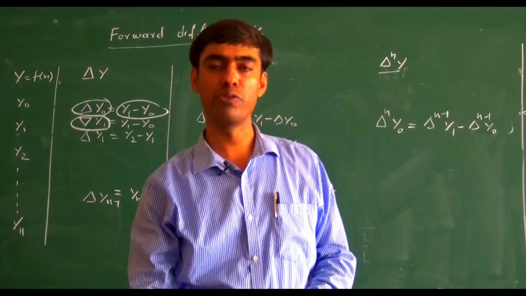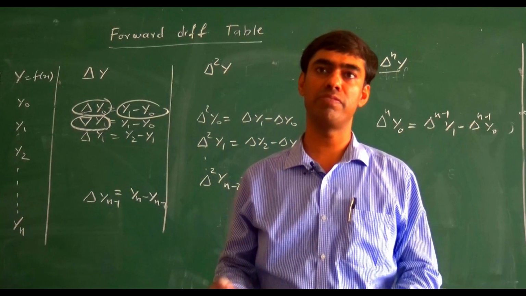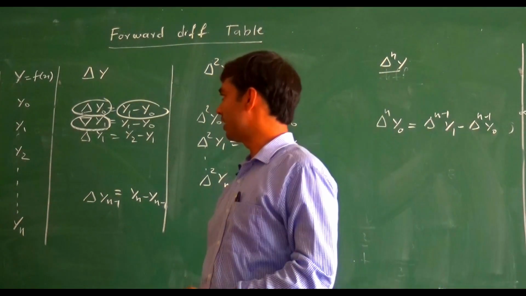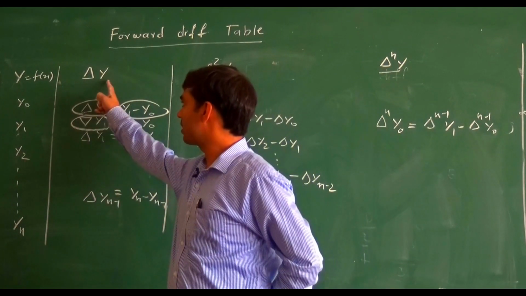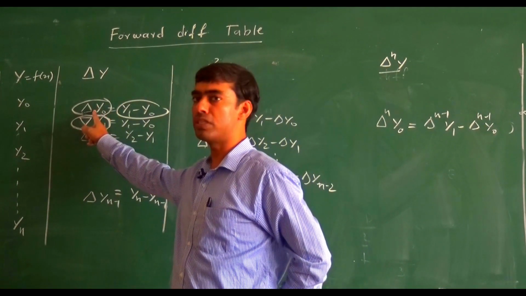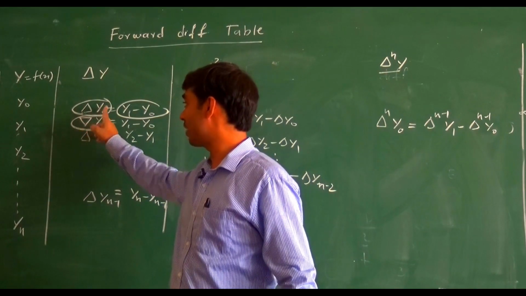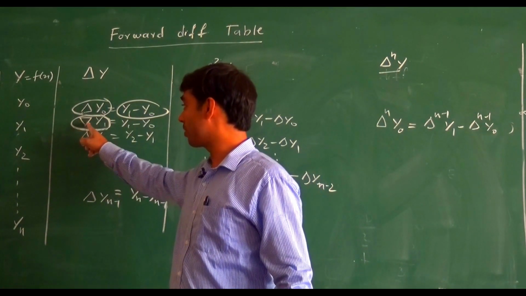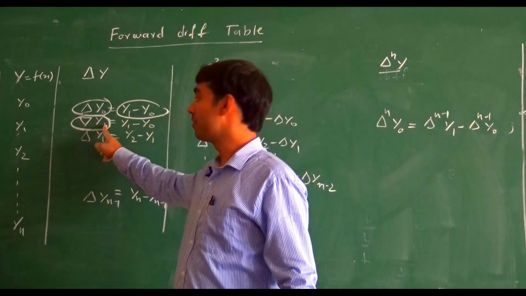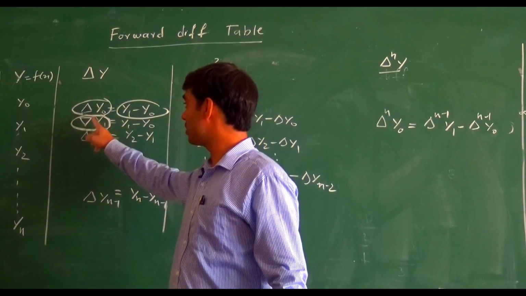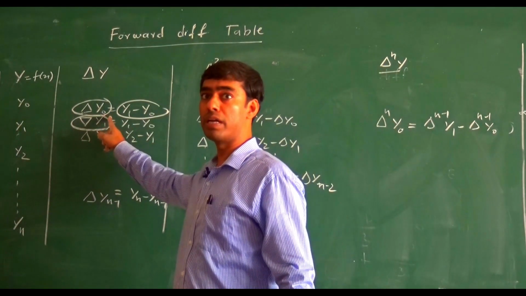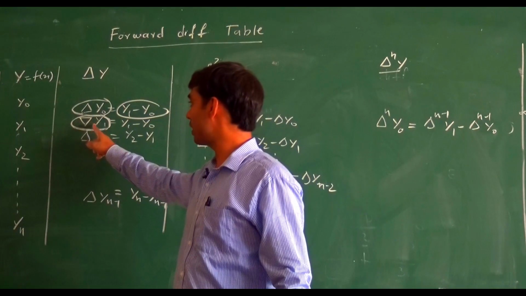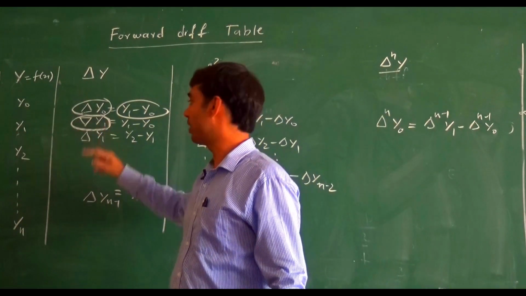But in terms of notation, there is a difference between them. In a forward difference table, the first order difference, the first term, represents del y0. But in a backward difference table, the first term represents the backward difference of y1. But the value of del y0 equals the backward difference of y1. The forward difference operator of y0 equals the backward difference operator of y1.